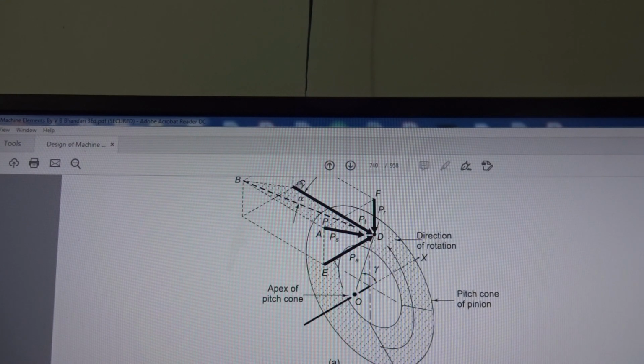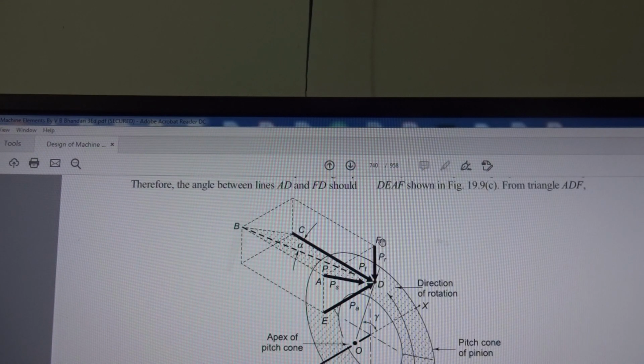Now Ft is the tangential force, Fs is the separating force, Pa which acts in the axial direction is the axial force, and Pr is the radial force. This angle is the pressure angle alpha. This triangle is drawn further here. This angle is alpha, this one is P, this is PS and this one is PT.